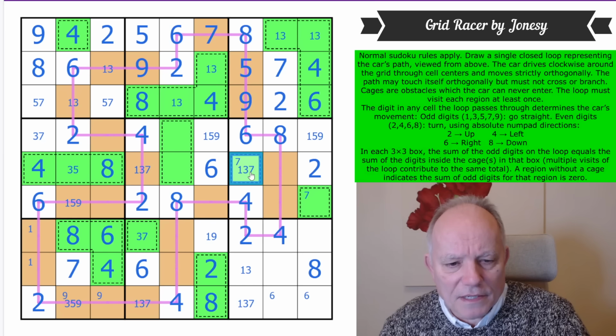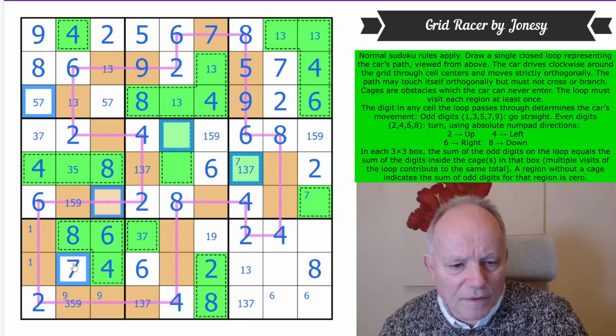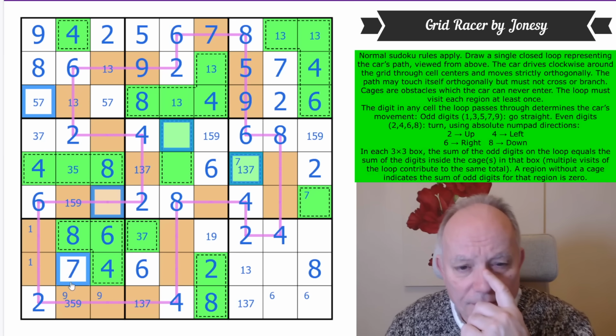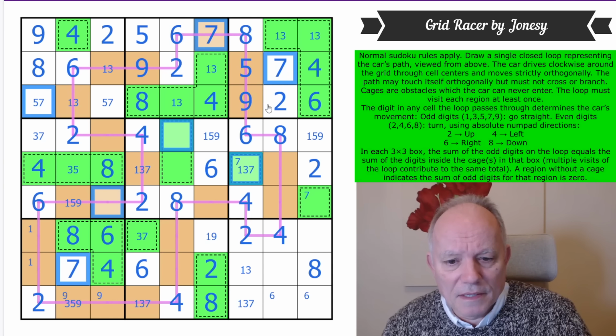Okay, if that's a 7, the 7 in the central box would have to be here. What would that do? That would make that a 7 and that a 7. We've already got one there. And we've got these two in place.